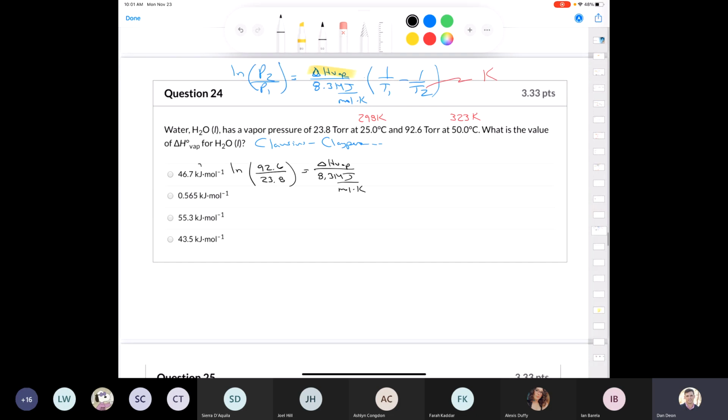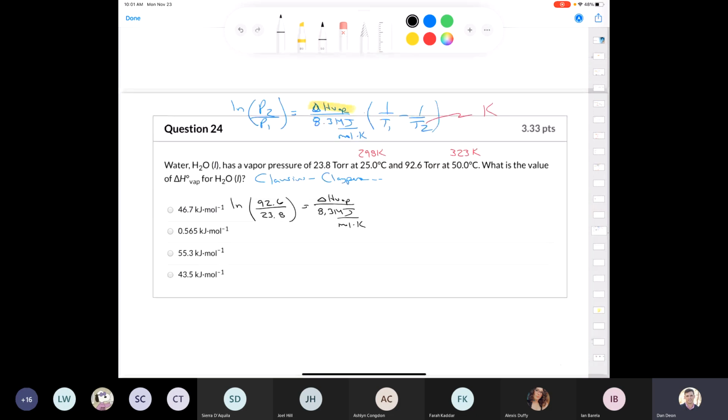You notice that all the answers are in kilojoules. So technically, we could take our value and convert it to kilojoules, couldn't we? Why don't we do that? That'll save us a step in the end. So let's convert this to times 10 to the negative 3 kilojoules per mole Kelvin, just to save a step at the very end.